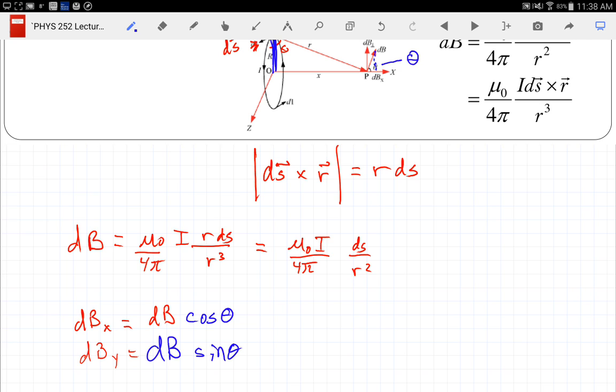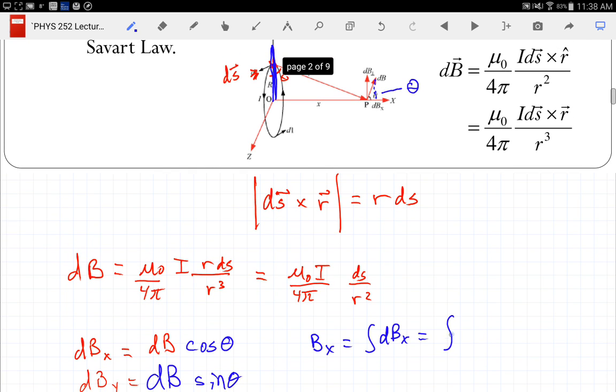So now we have the x and y components, and now we just integrate each one. So we have Bx equal to the integral of dBx, equals the integral of, let me put the non-variable stuff out front. Is r variable, yes or no?